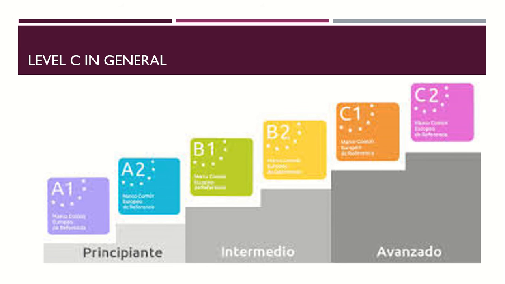The user that achieves the C2 level can use it almost like a native speaker, with almost no effort and without thinking about it very much. So let's see some characteristics in four of the skills of the language.